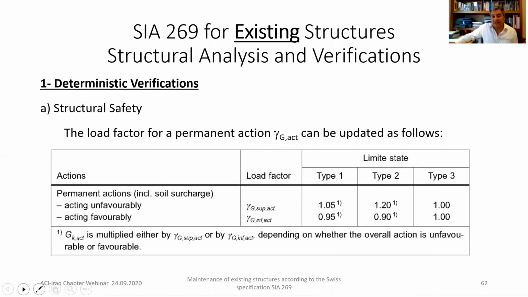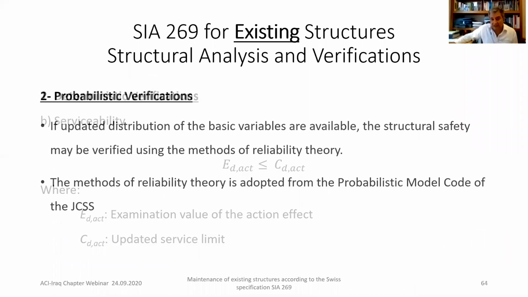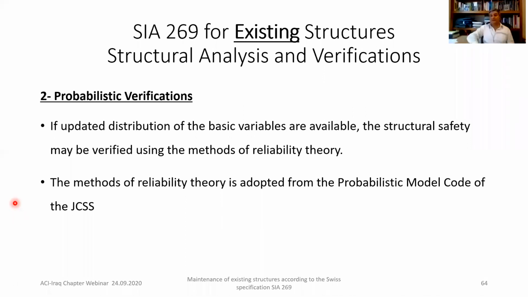You don't have to rush and tell the owners that they need to reinforce the structure, because you can give it another chance. And this other chance is by using the probabilistic verification for the structure.